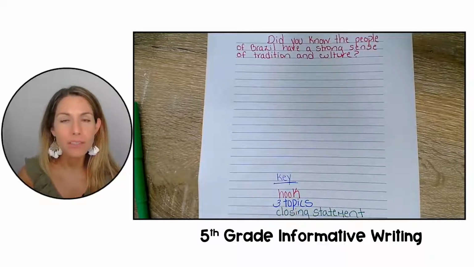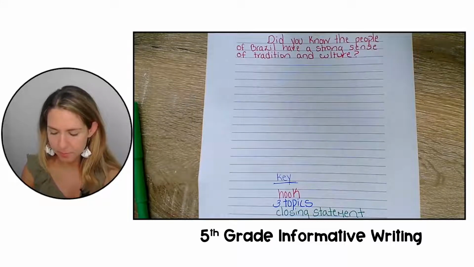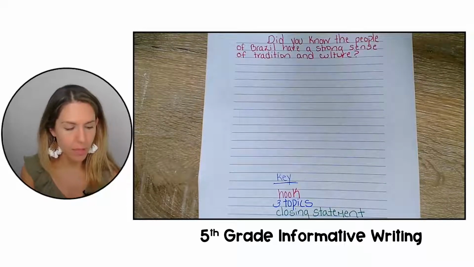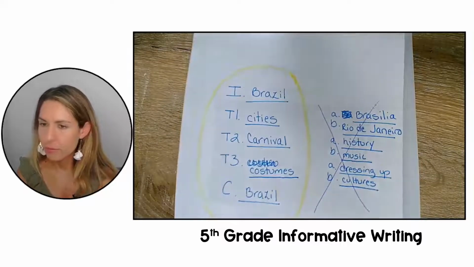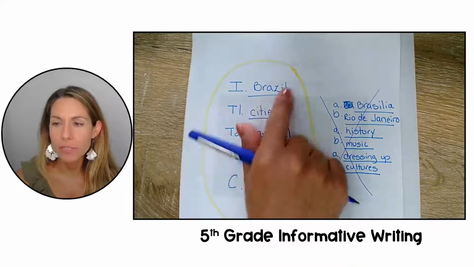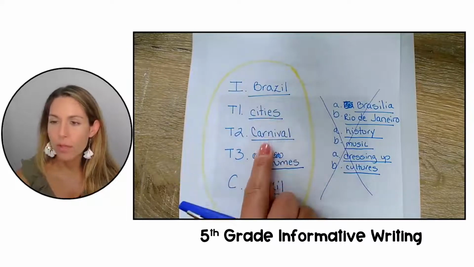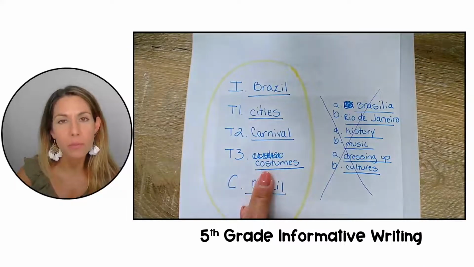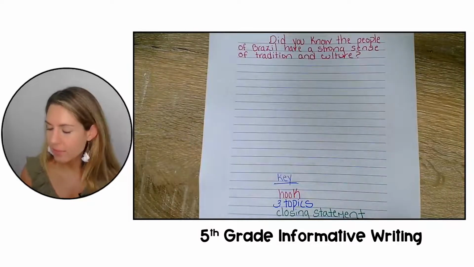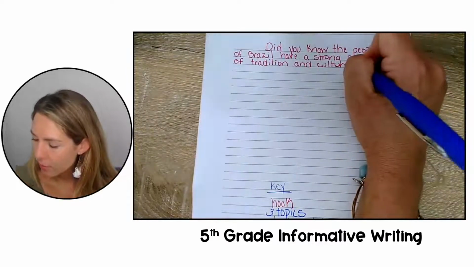Now I'm going to move on to my 3-topic statement. So for my 3-topic statement, I will be writing the main controlling idea of my essay, which is Brazil, and then the 1, 2, 3 topics that I will discuss in my middle paragraphs. So my 3-topic sentence will sound something like this.